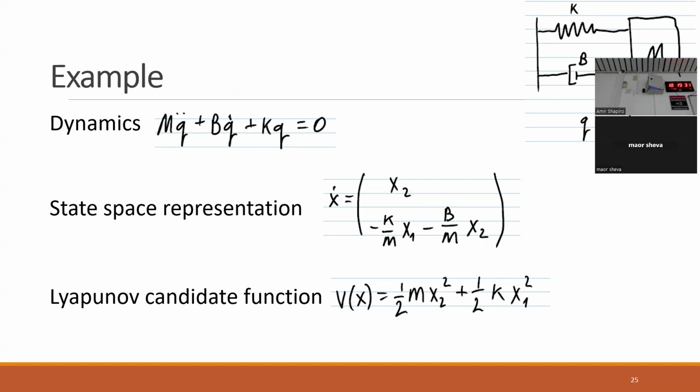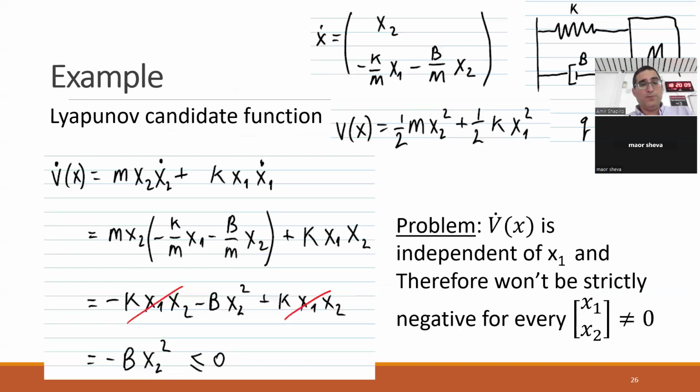So this is a Lyapunov function. It's positive everywhere and 0 only at the origin. And also, you can see that the origin, x1 and x2 equal 0, is an equilibrium point, because if I substitute x1, x2 equal 0, then x dot will be 0. So x equals 0 is an equilibrium.